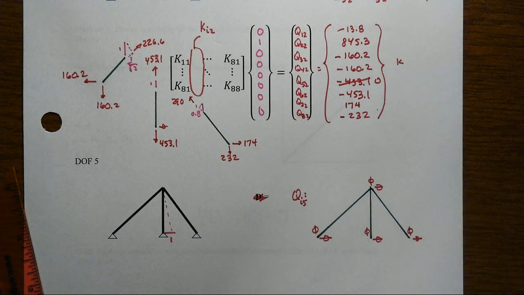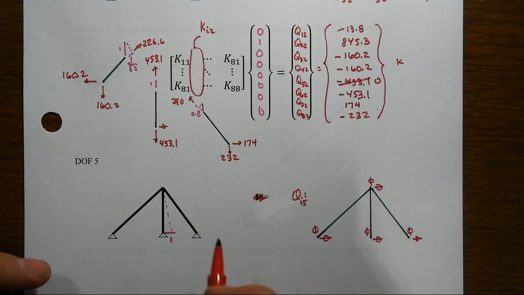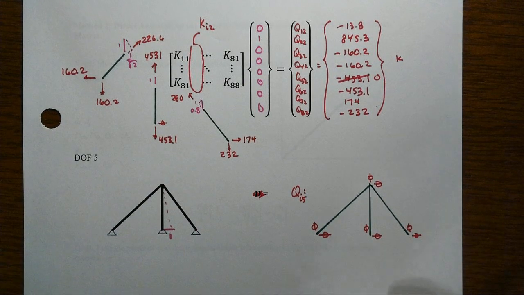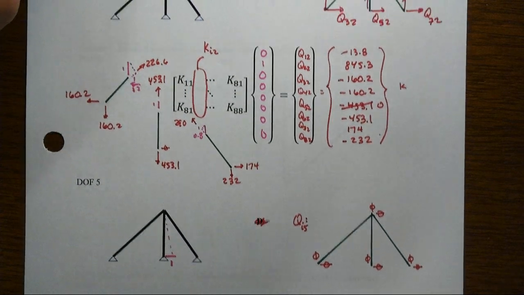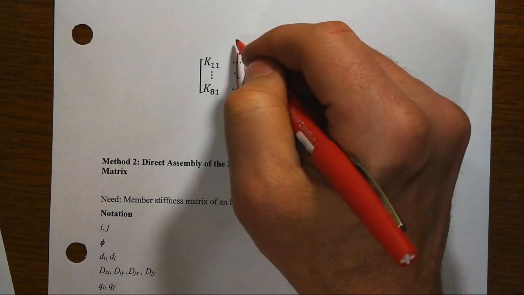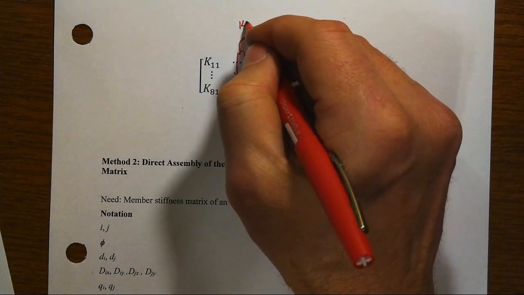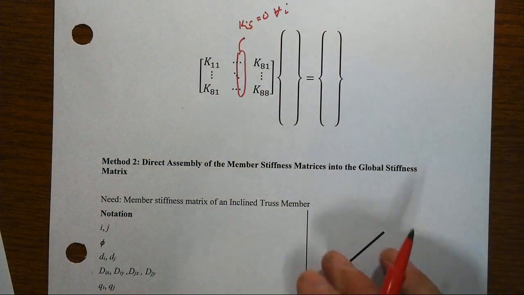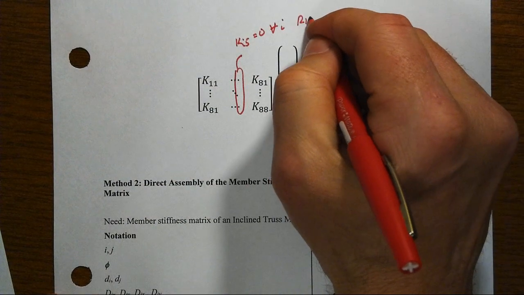It takes no force to hold all these others to be 0 because it takes nothing to initially swing that out. There is no initial stiffness there. So that column, the 5th column, Ki5 equals 0 for all i, and that represents a rigid body mode.